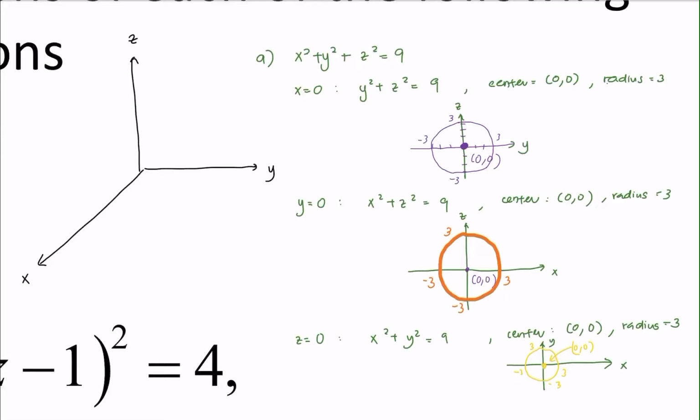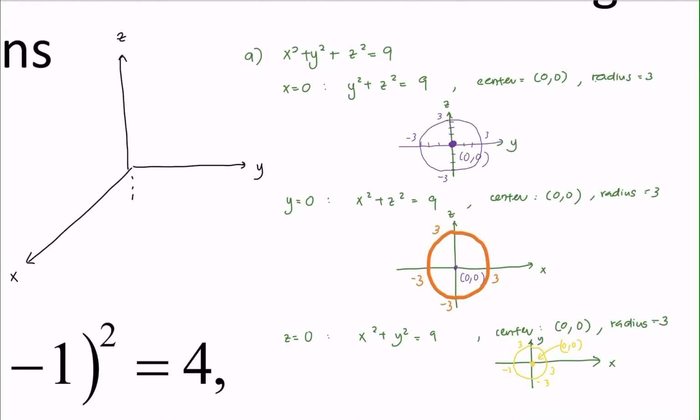So for x equal to 0, we need to sketch the circle inside the 3D. Now we have a circle. We have the negative part too, so let's use the same color for the circle.